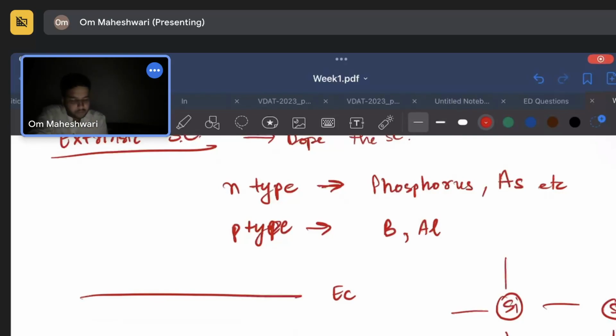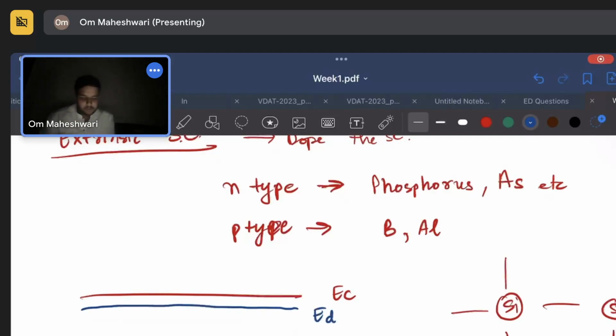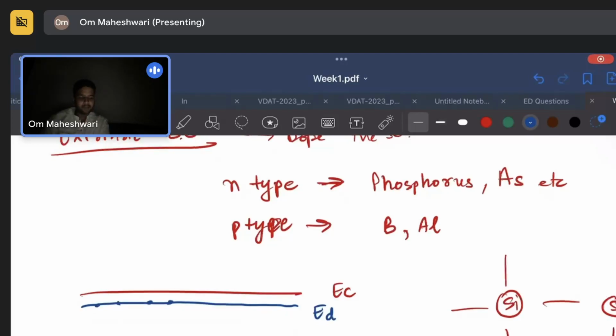So this will create a donor level here. Let us call it ed. This donor level has a lot of electrons. As more and more arsenics bring additional electrons, these electrons can easily go into the conduction band. They can go into the valence band also if there are spaces.